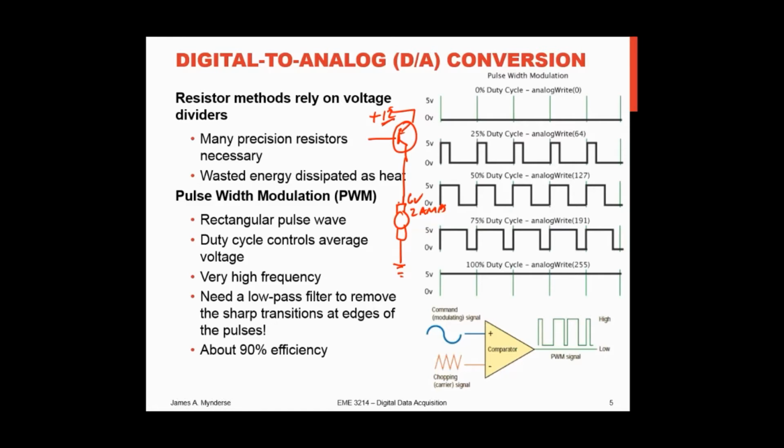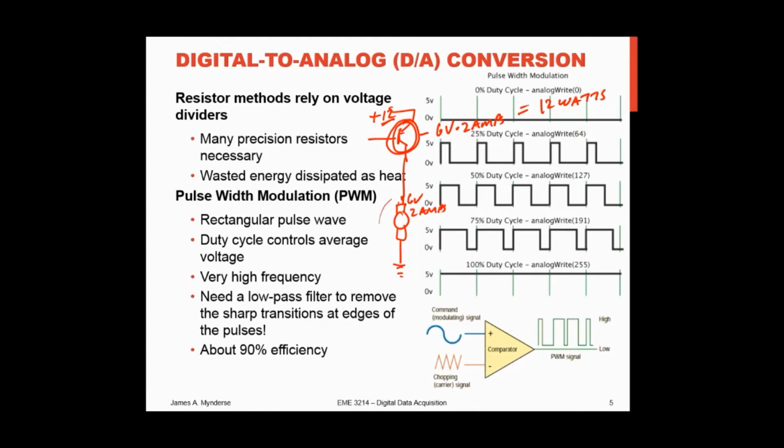Since I have 12 volts here and I want 6 volts here, it means I have to have a voltage drop of 6 volts across that transistor. 6 volts times that 2 amps, because they're in series, gives us a total of 12 watts of power being dissipated across that transistor or transistor-like device.